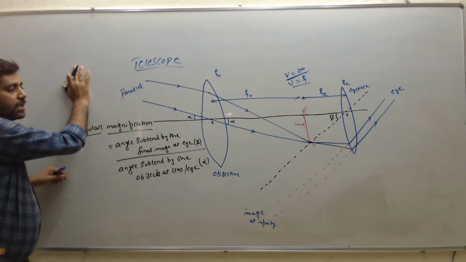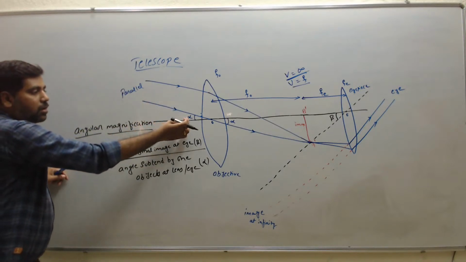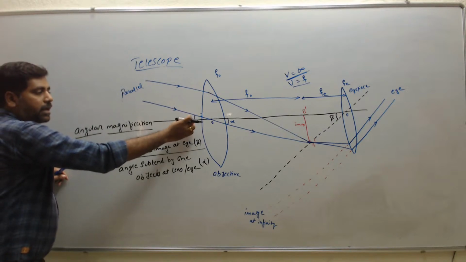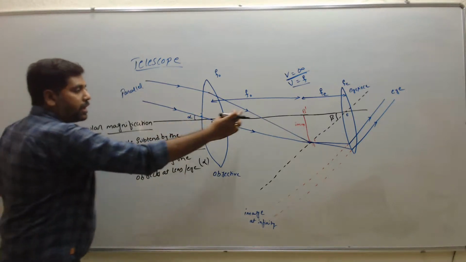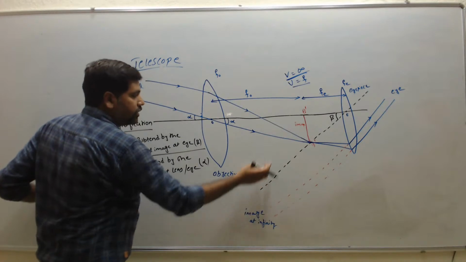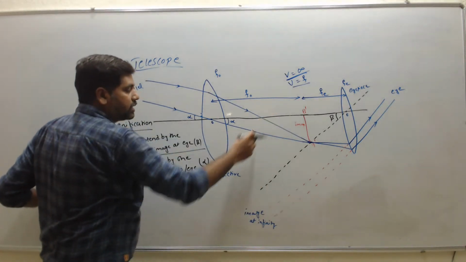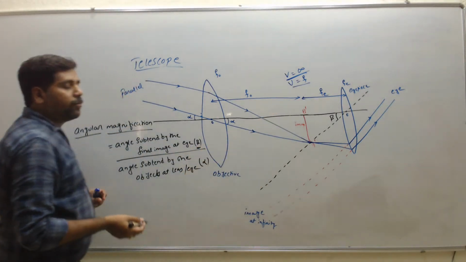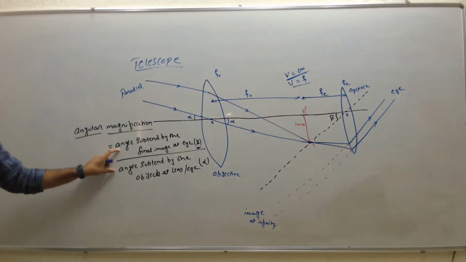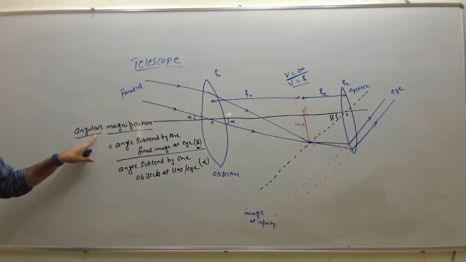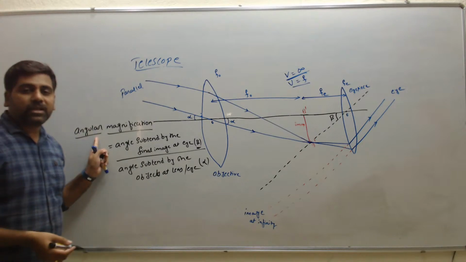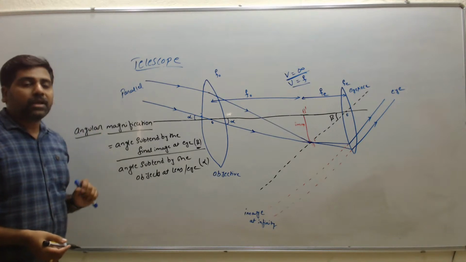The final image makes an angle with the principal axis, and that angle we take as beta. The ratio of these angles we call the angular magnification or magnifying power of the telescope.